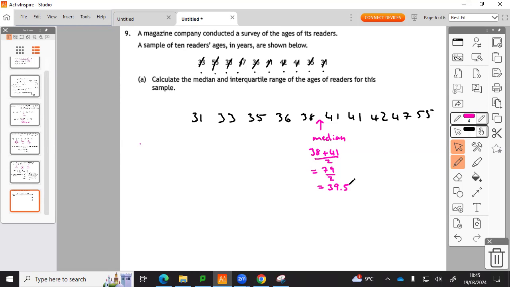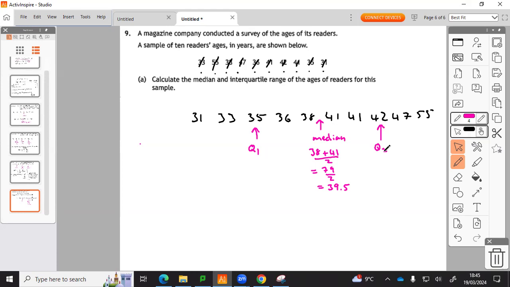The interquartile range is a wee bit easier, it's a straight number. I'm getting a wee bit confused because I thought the median was 38 because that's in the middle.